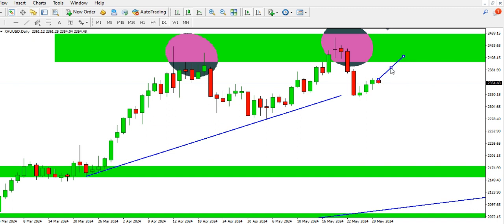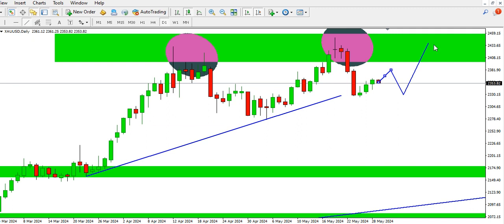The midpoint of the drop should be somewhere around here, and then we might see a drop to this support level before price continues up. It's a possibility, but only time can tell.